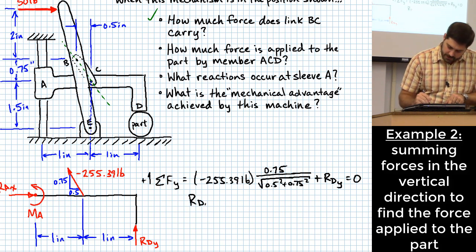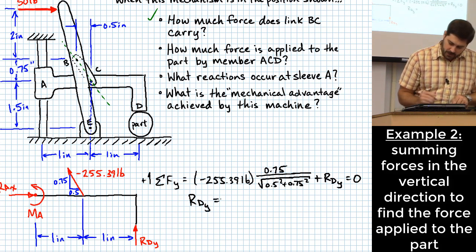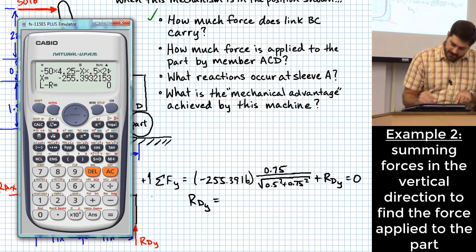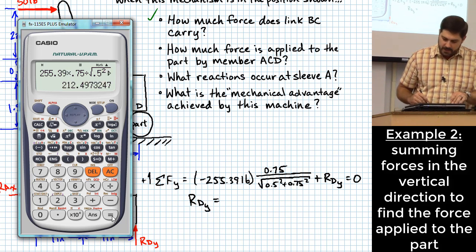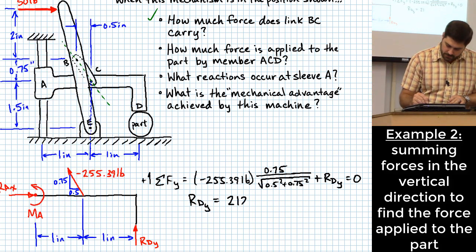So RDY is just going to be equal to positive 255, which I've actually got that stored in X. I won't even mess with it. 255.39 times 0.75 divided by the square root of 0.5 squared plus 0.75 squared. Okay, that gives me 212.5 pounds.